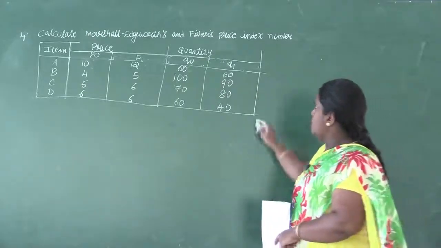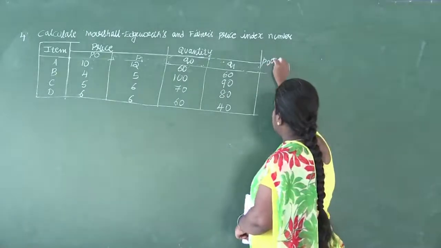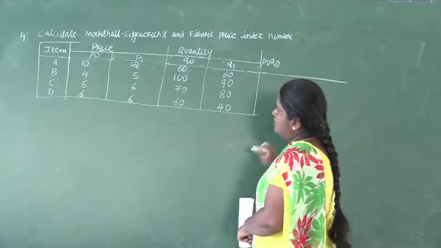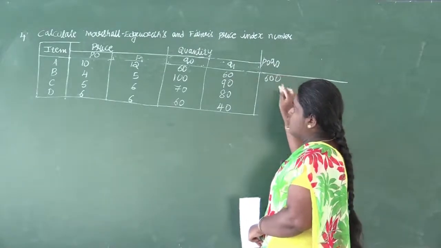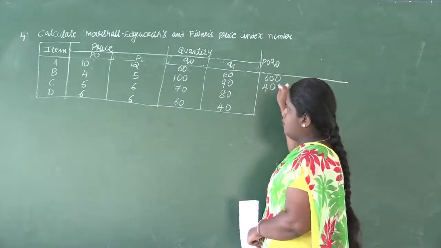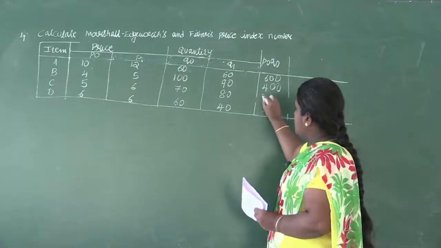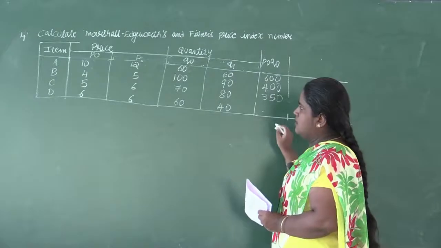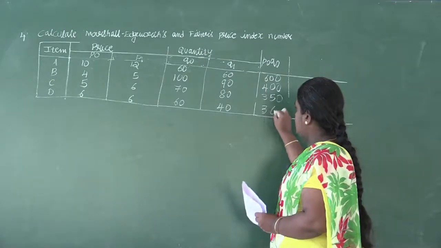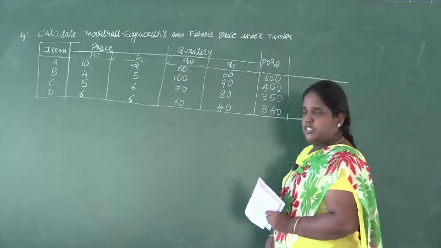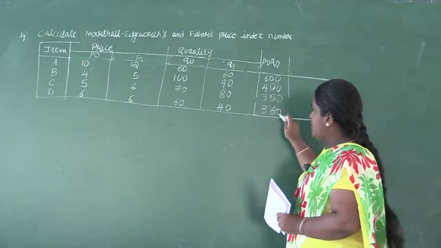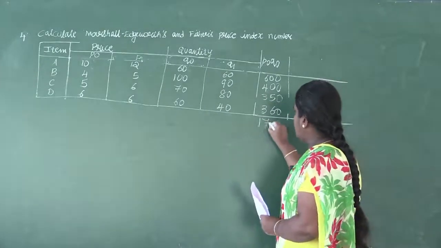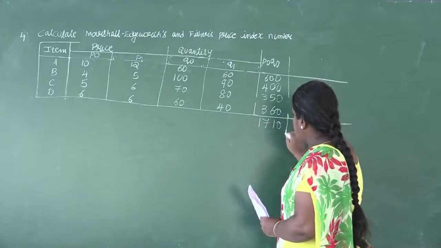So to begin with, we'll start with P0 and Q0, which is 10 into 60, 600, 4 into 100, 400. So 5 into 70, 350. Then 6 into 60, 360. Now do the total of P0 Q0, 600, 400, 350 and 360. Will get 1710.